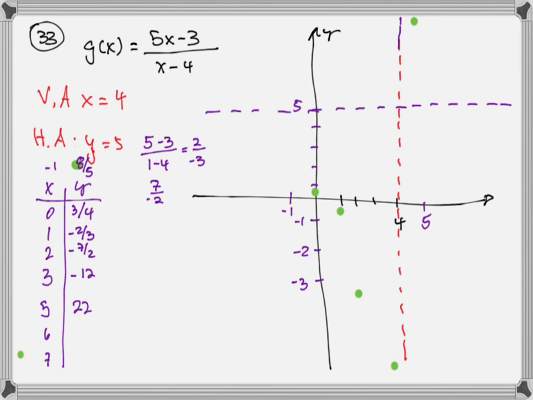That's a little bit over 1. And eventually it goes up. So it's not a good graph, but we're not going to cross the 5. If x is 6, what is y? 27 over 2. So 13.5.